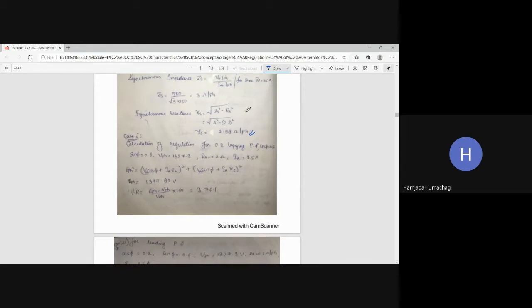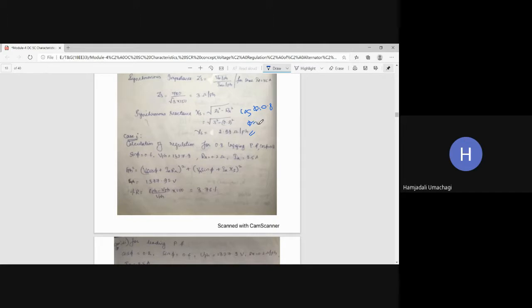If you are not getting the value, first, cos phi is given already, 0.8. Then if you want phi, how do you get the value from this cos phi? Cos inverse of 0.8.